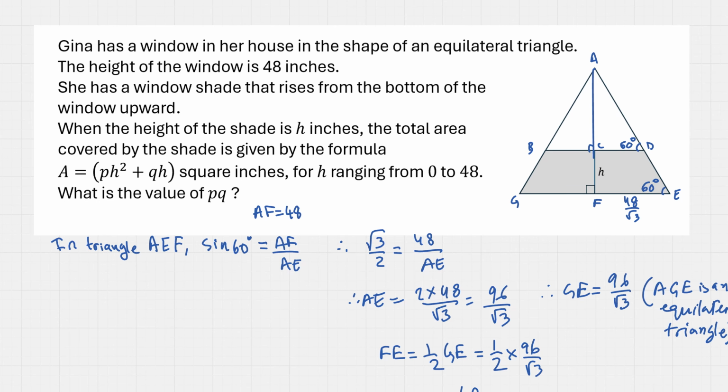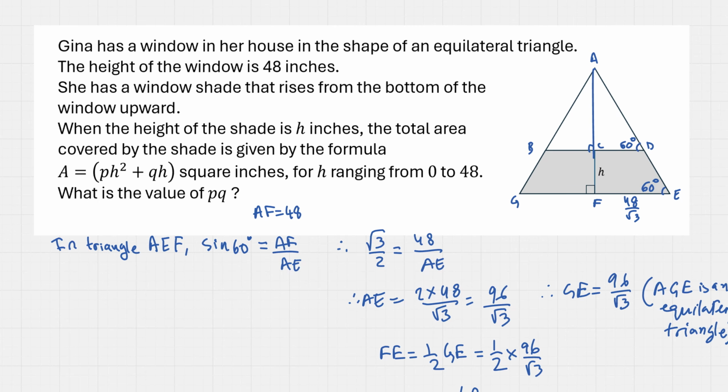Okay, so once we know these, we want to find out what CD is, because that will help us find the area of the shaded part.